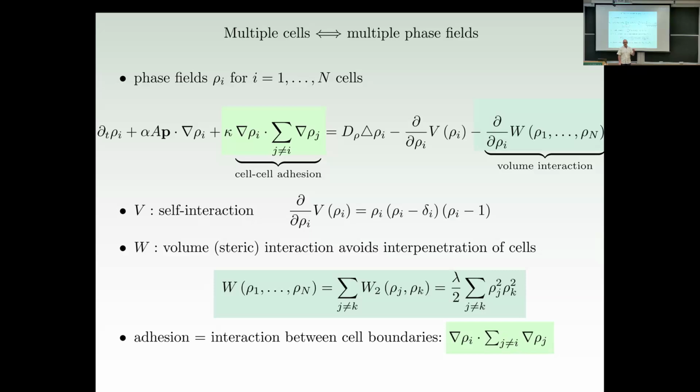It's not a delta function. It's a parameter which includes an integral over cell volume. So each cell has its own volume. In fact, you can make it slightly different. And then it's coupled to adhesion dynamics and everything else.